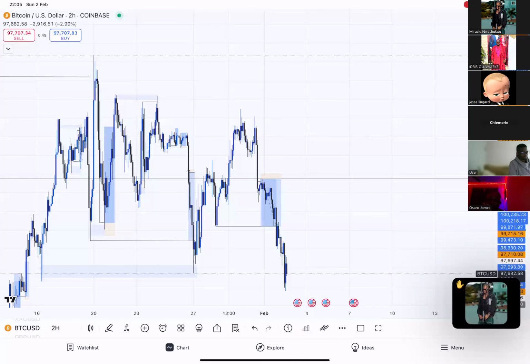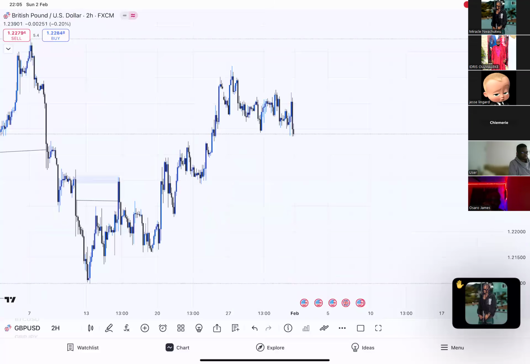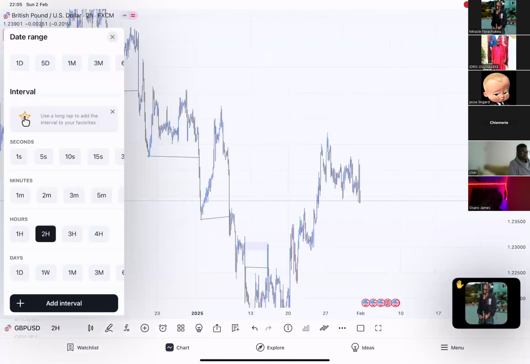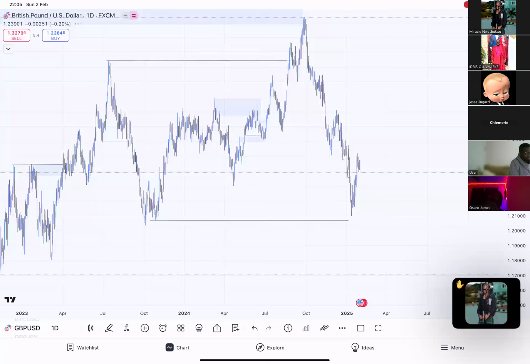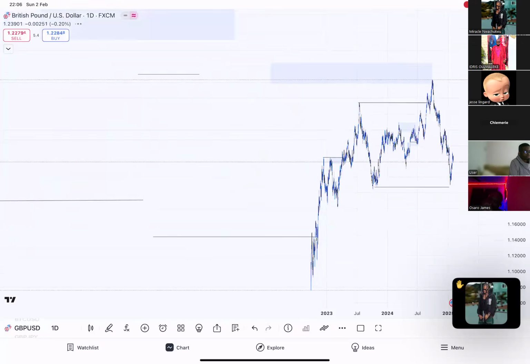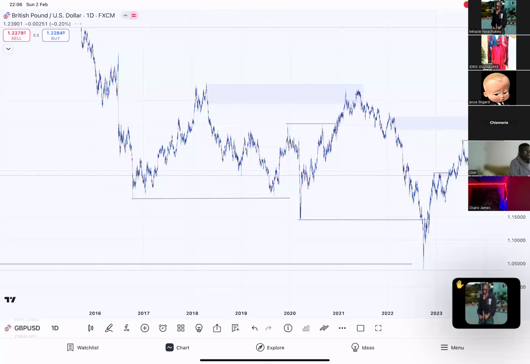Now, I think your question is: the higher time frame is selling and the lower time frame is buying. This is the answer to your question. Let me use this as example.